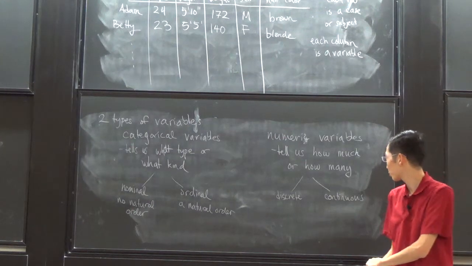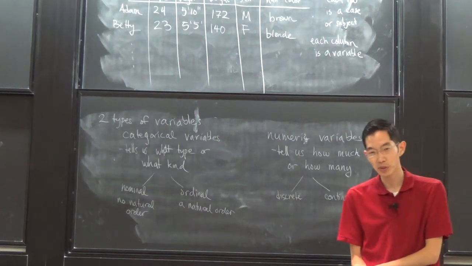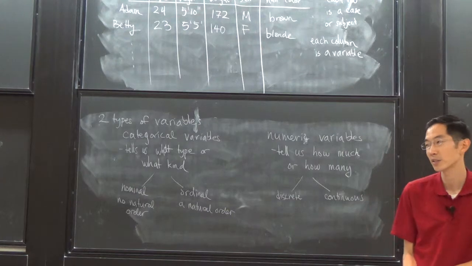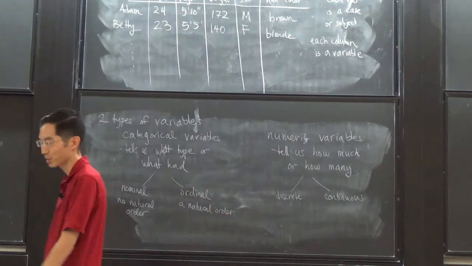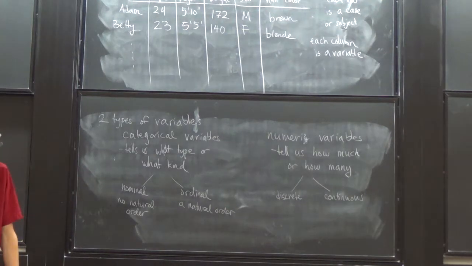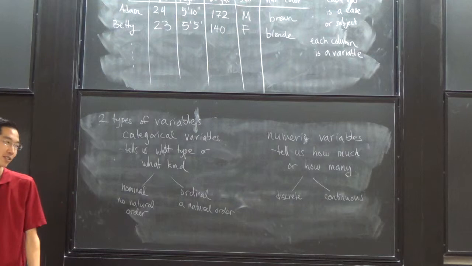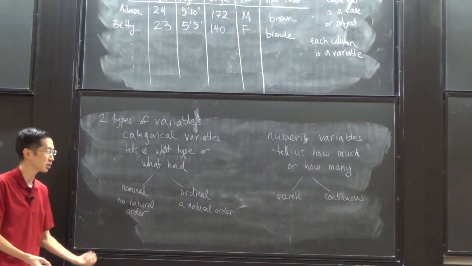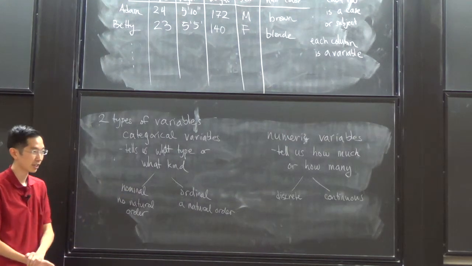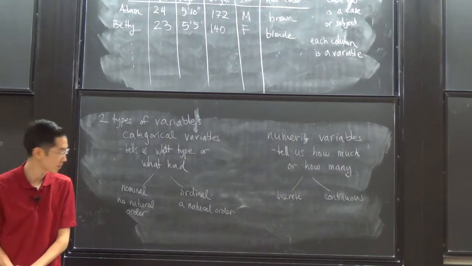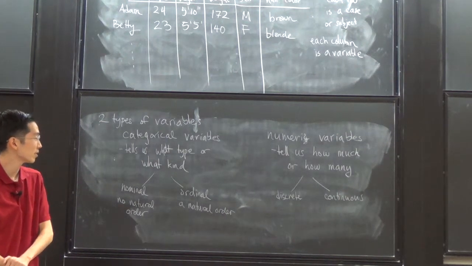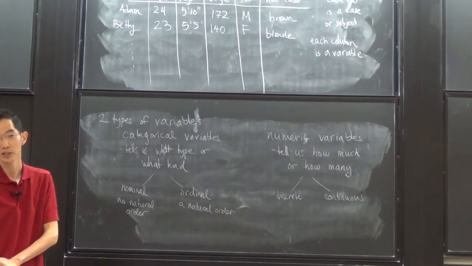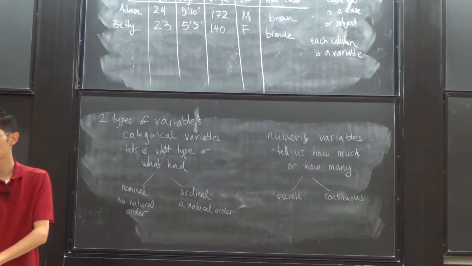Numeric variables, discrete and continuous. Discrete means only particular values are allowed, and continuous means basically you can have decimal points up to whatever level of precision that you want. So discrete would be, how many children do you have? And you would have to give me a whole number answer. Whereas your weight, if we had a very accurate scale, would give us continuous responses.